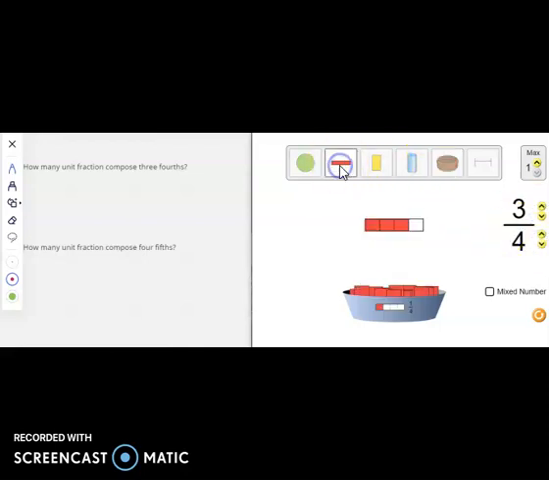Okay, let's look at the rectangle. 3/4 equals 4, written 3 times, and 1 plus 1 plus 1, right? Compose 3 as 3 ones.